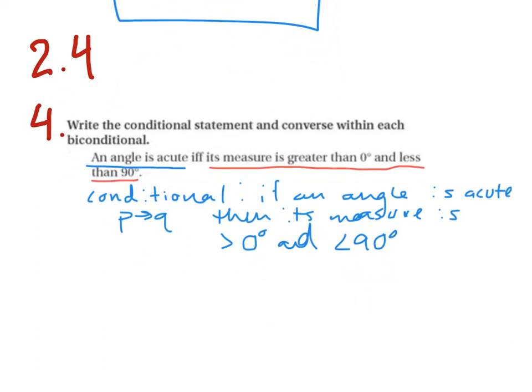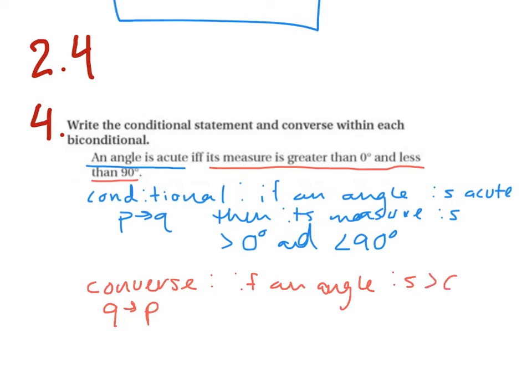So then the converse is Q then P. So we flip them. So we have if an angle is greater than 0 degrees and less than 90 degrees, then it is an acute angle.